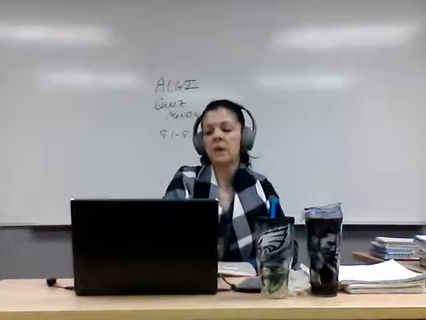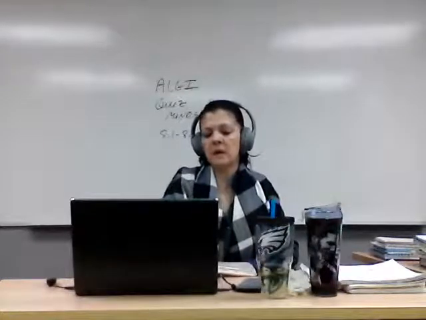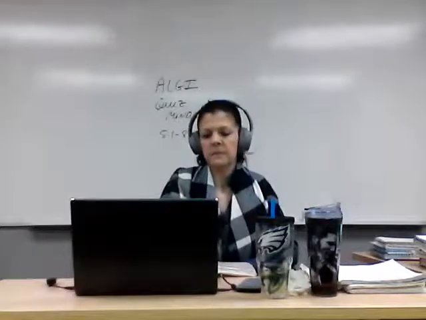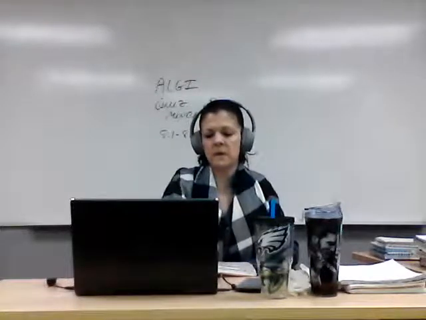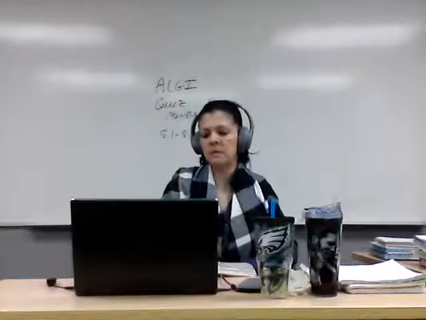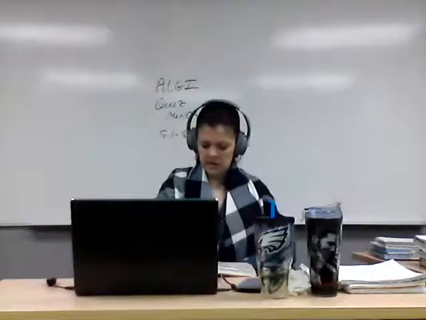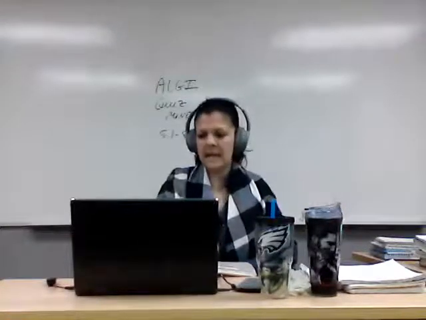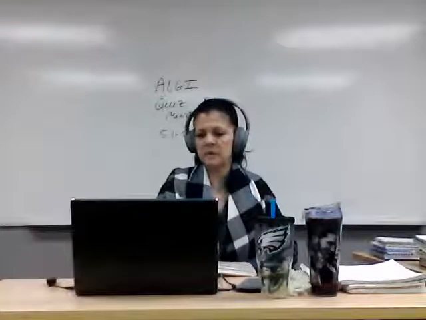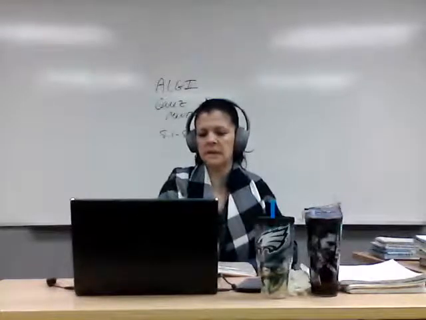Alright, so the square root of 80 times the square root of 5 is what? Square root of 400, right? You just multiply those two. And then the square root of 80 times 6. What's 6 times 80? Good, square root of 480.